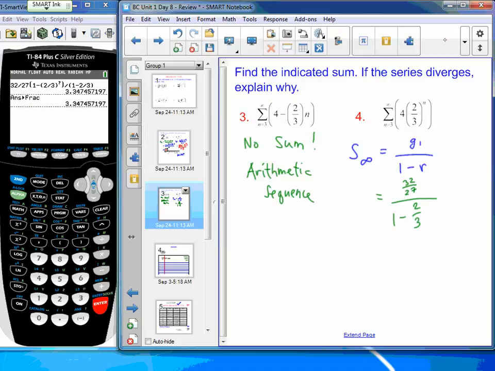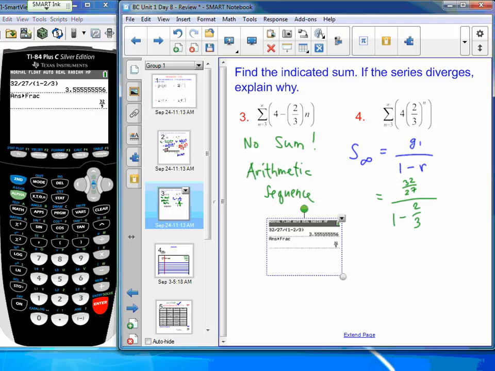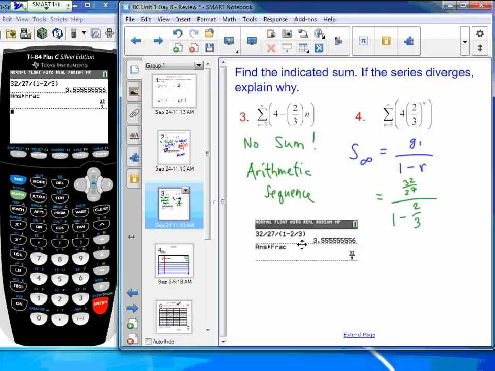We already kind of did this: 32/27 divided by the quantity 1 minus 2/3. Is it going to be close to our original answer already? So 3.5. Now I'm going with the math frac. Yes! 32/9. Raise your hand if you got 32/9. Hey, way to go, you guys. And that is exact.